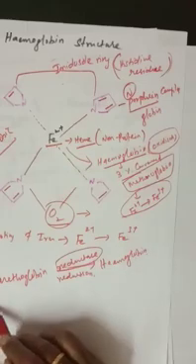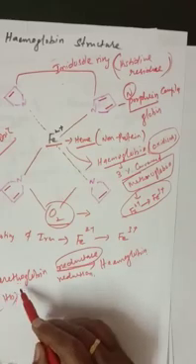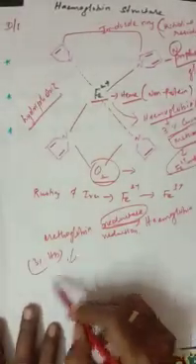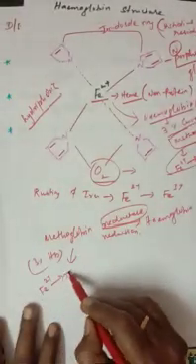So 3% of hemoglobin is known as methemoglobin, in which the Fe2+ is converted into Fe3+.